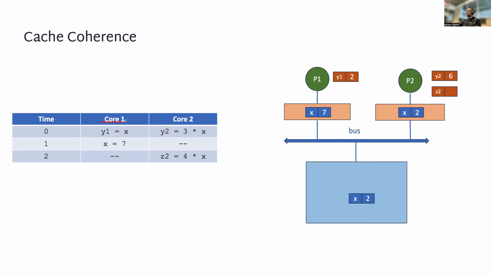the first processor does not do anything related to x, but the second processor wants to update this z2 variable with 4 times x. So this is a question for you: what would be the value of z2 in this case? What will z2 get after this instruction is executed?